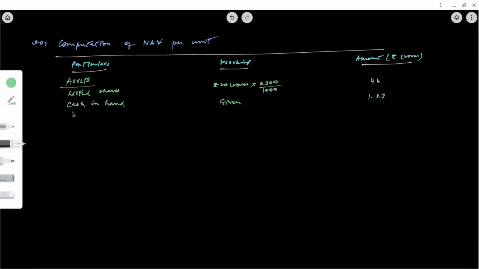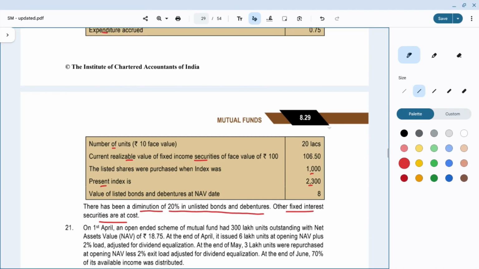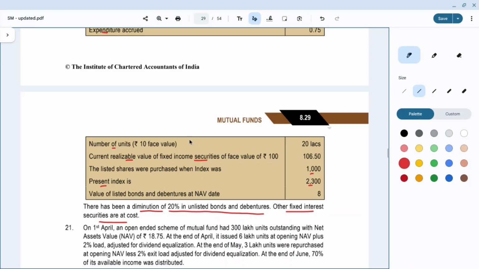Unlisted bonds, it is rupees 1 crore into 0.8, so it is 0.8. Okay, next.